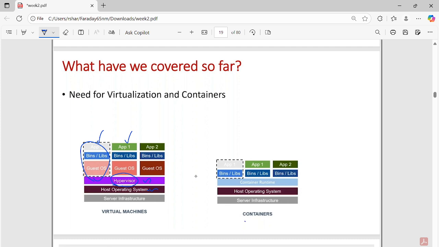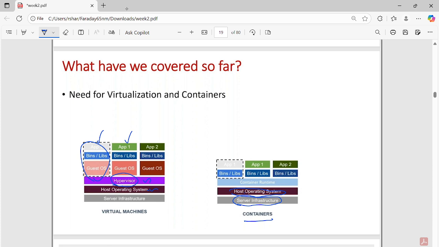Next, containers. The fundamental difference between a virtual machine and a container is that, on the server infrastructure, we have the host operating system, and here we do not have any entity called a hypervisor, which was acting like an OS over an operating system.